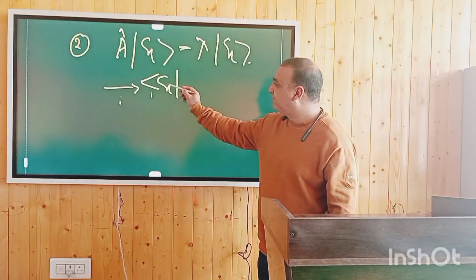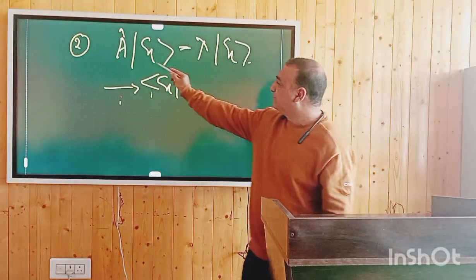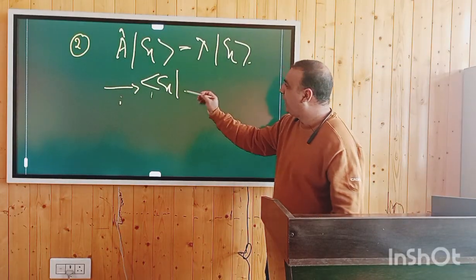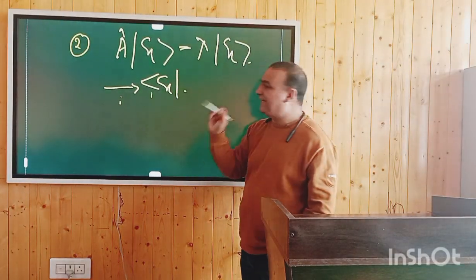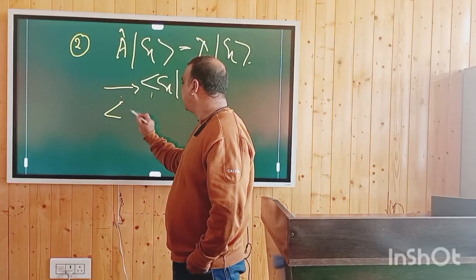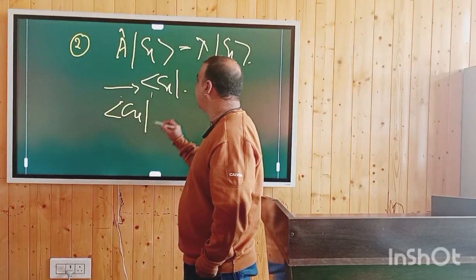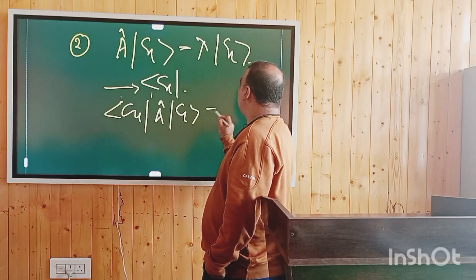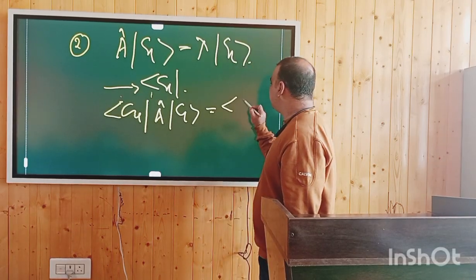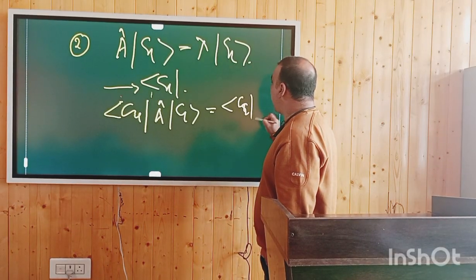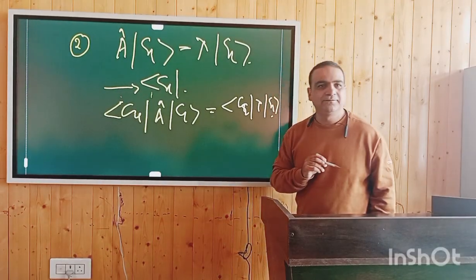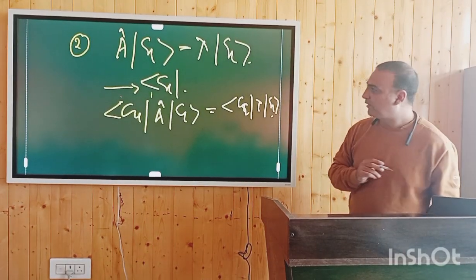If I define this vector, I would like to multiply this equation with the bra of zeta. What will I get? I will get bra zeta, A, ket zeta, equal to bra zeta, lambda, ket zeta. Is this clear? It should be clear to everybody.